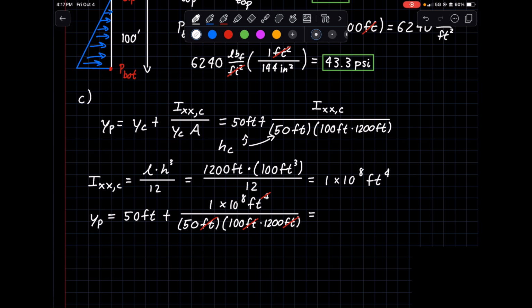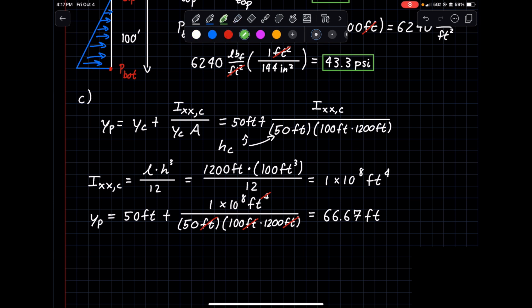So plugging this in is 50 plus 1 times 10 to the 8th over 50 times 100 times 1200. And that gives 200 over 3, but I'm just going to plug 200 over 3 back in, and we should get 66.67 feet below the surface.